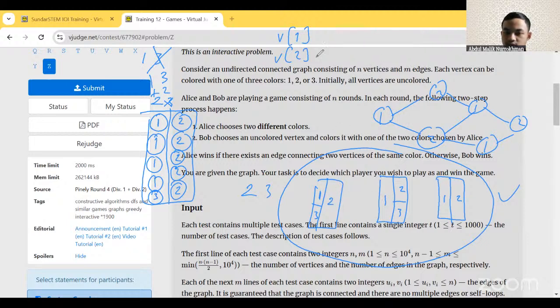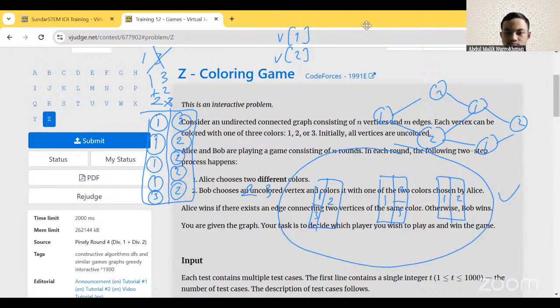So we can color them one by one inside the vector. All right. Is it understood? Okay, great. Are there any questions for problem Z?